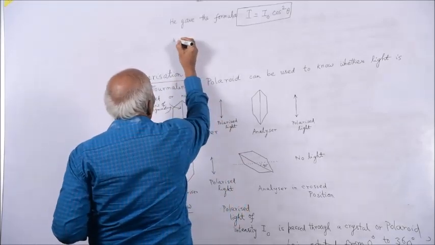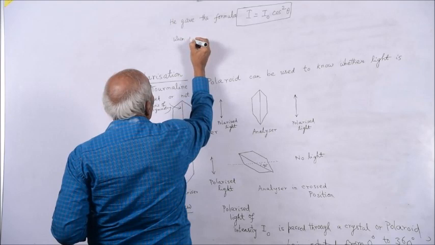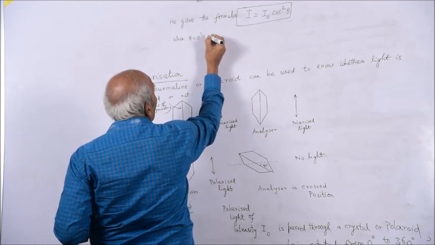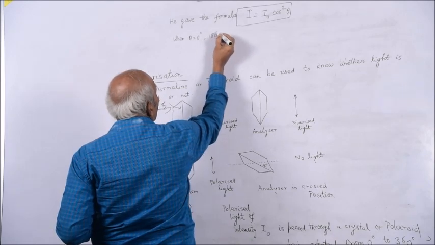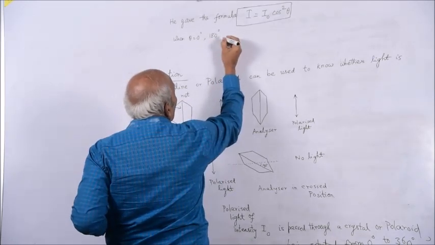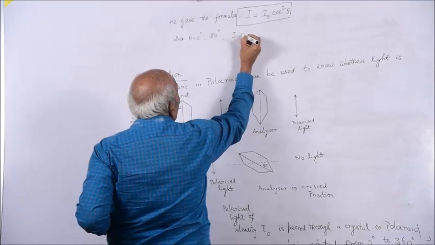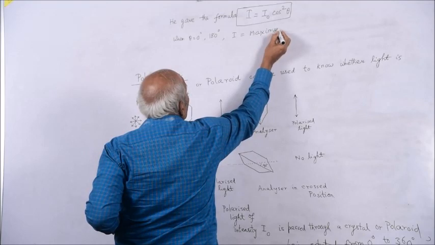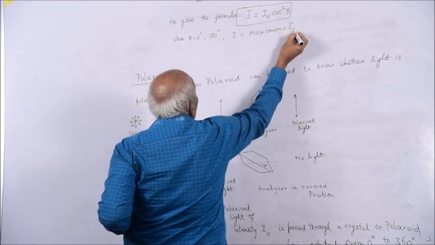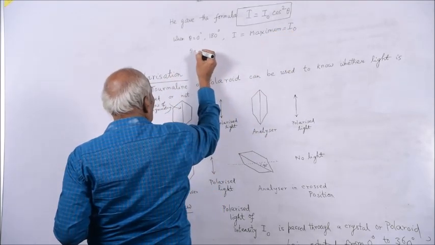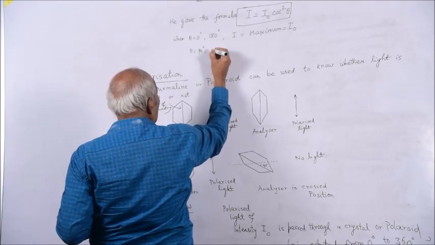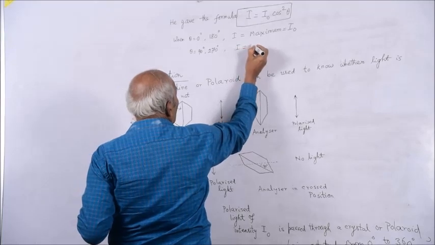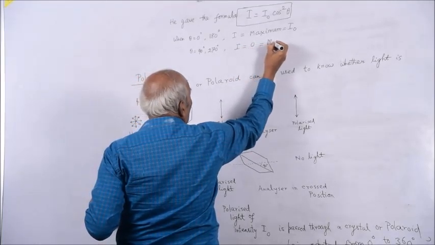That means when theta is equal to 0 degree or 180 degree, I is equal to maximum, that is I0. Theta is equal to 90 degree or 270 degree, I is equal to 0, which is the minimum.